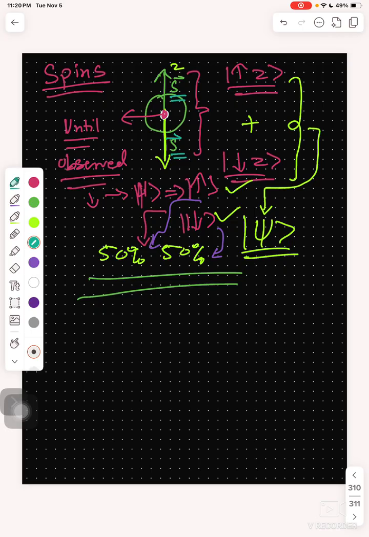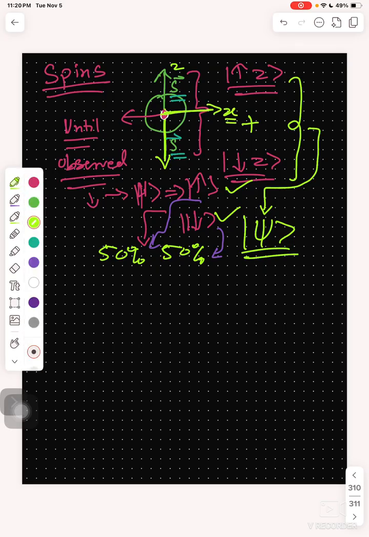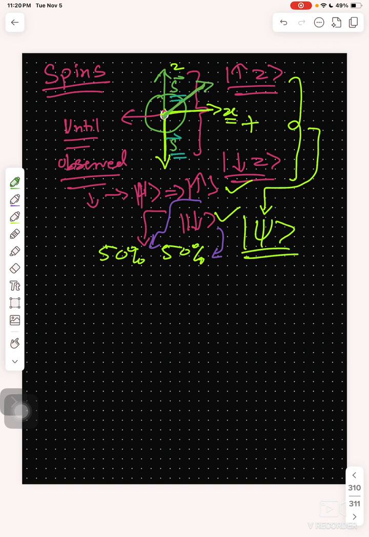Now, if we measure that particle in the x direction, again you will observe that half of them will be in the x positive direction, and half of them will be in the bottom direction.